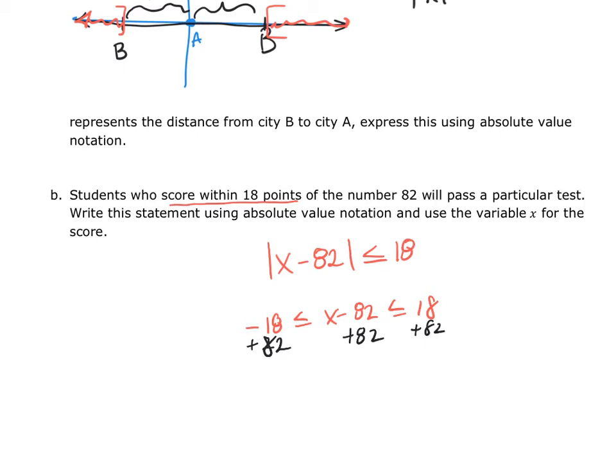So 82 minus 18 is 64. And less than or equal to, that one I can do, is 100. Okay, so 64 to 100 is a passing grade for this particular test. And as long as their score is within that region, then they are going to be passing this test.